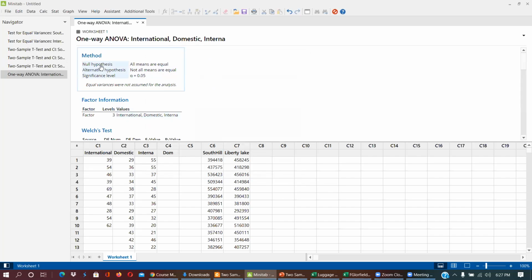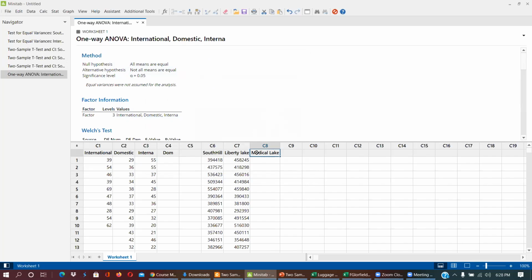What does it say? The null hypothesis is that all means are equal. That means if you check South Hill, Liberty Lake, and, for example, let's say Medical Lake, we are going to check the null hypothesis that the prices of all three areas are the same.